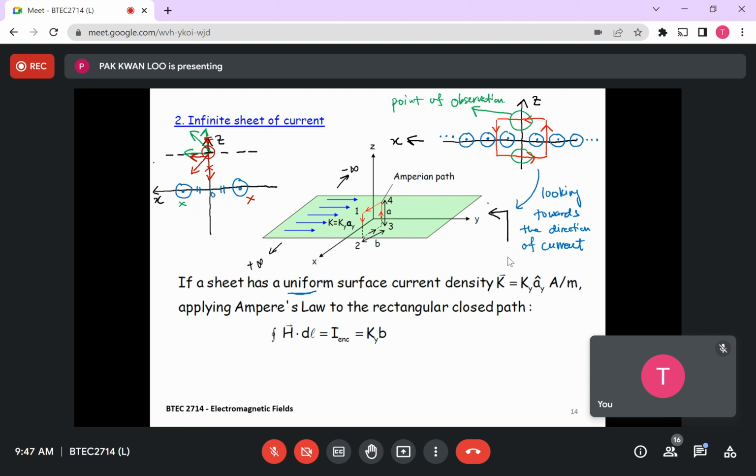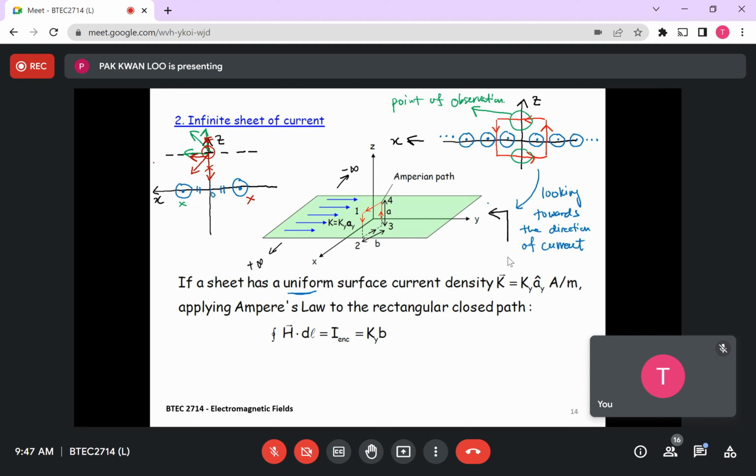It is only from the point of observation. And if we want to use Ampere's law, which simplifies our calculation, then we have to justify our choice. So if it's close to the surface, we shouldn't choose somewhere at the edge here, like the point I have just pointed out. We shouldn't choose this type of position to determine the magnetic field.